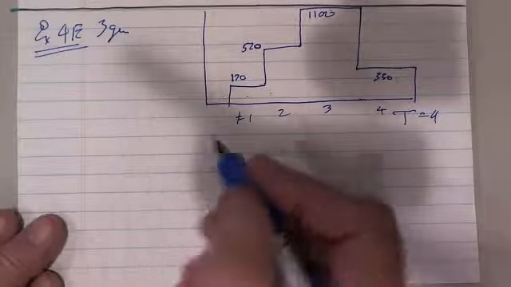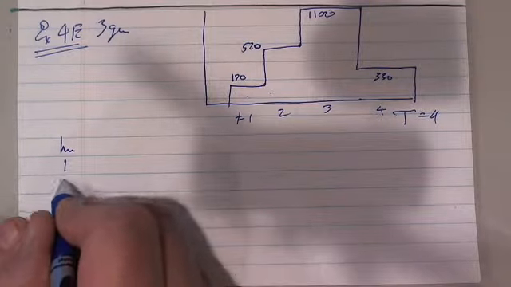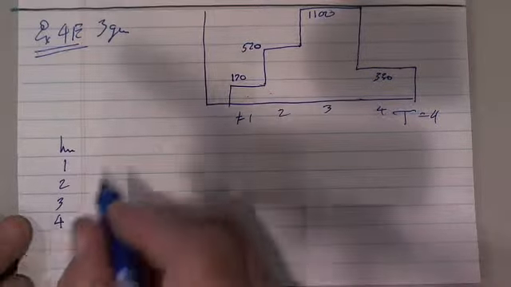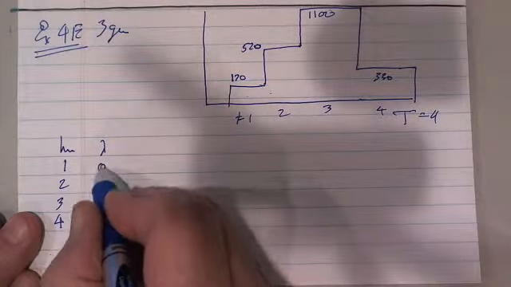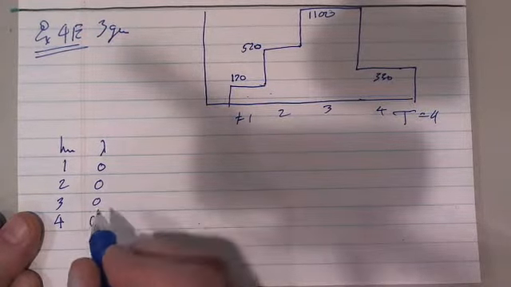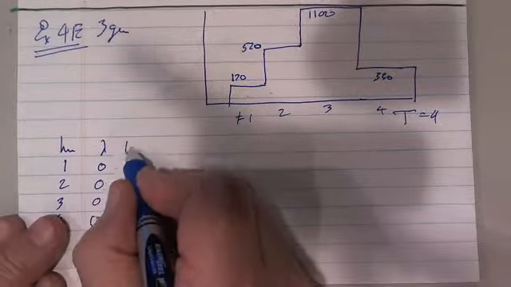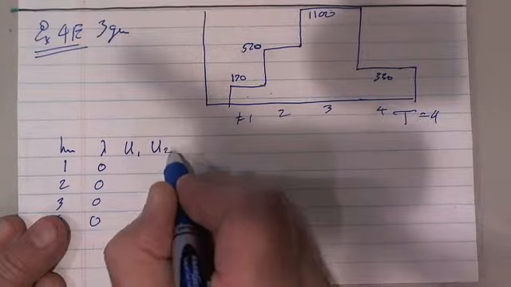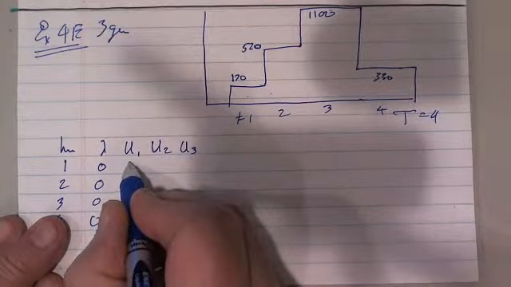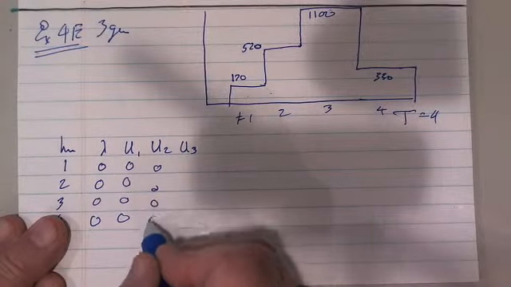I like to start out, so I say hour 1, 2, 3, 4. And I say lambda, and I'm going to say at the beginning, everybody is 0. Lambdas are 0. If that's the case, U1, U2 and U3 are all 0. Every hour, every generator is off.